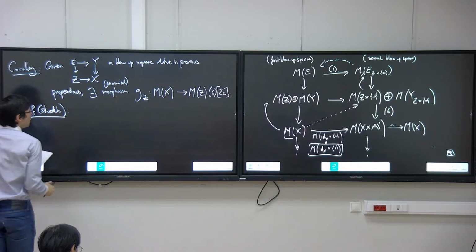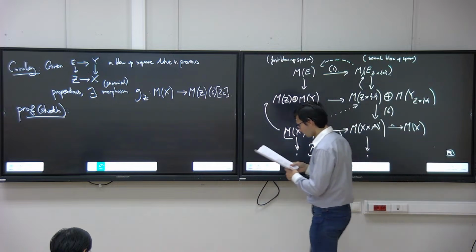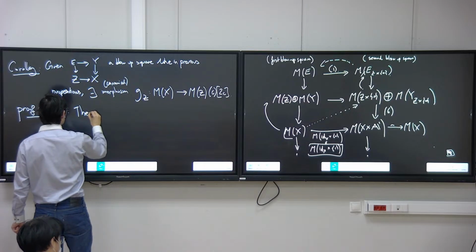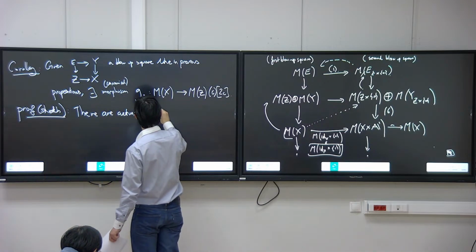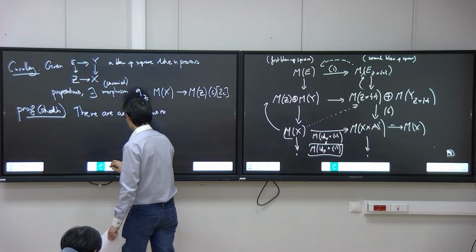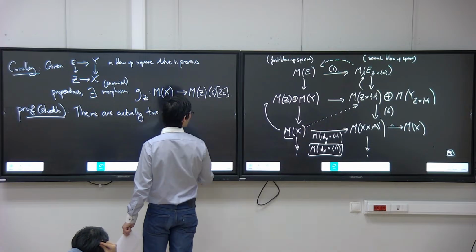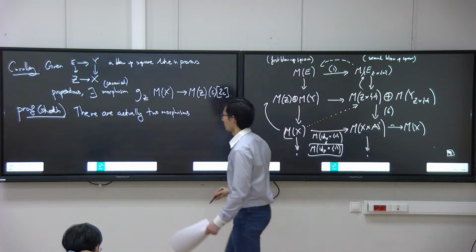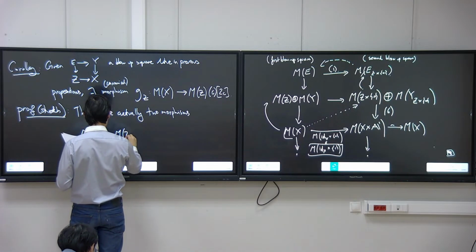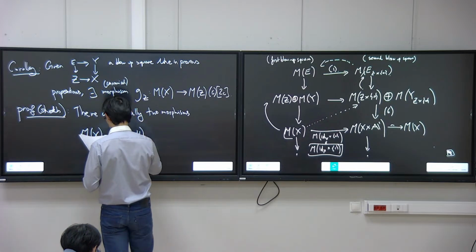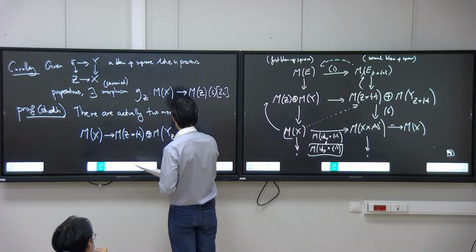Okay, if we look at this diagram again, there are actually two morphisms from M of X to this thing: M of X to M of Z times 0 plus the motive of Y, the blow up along Z times 0 when we included A1.